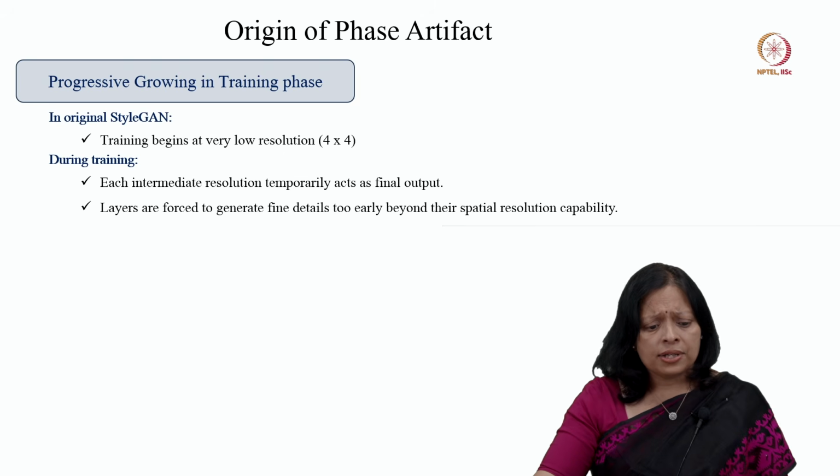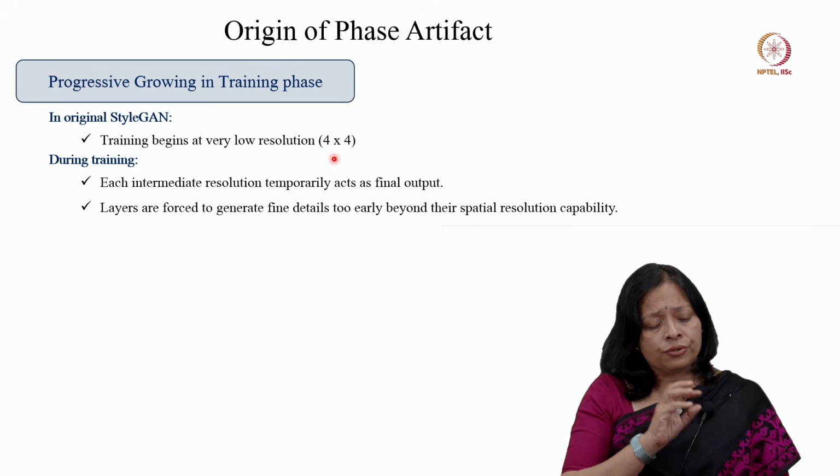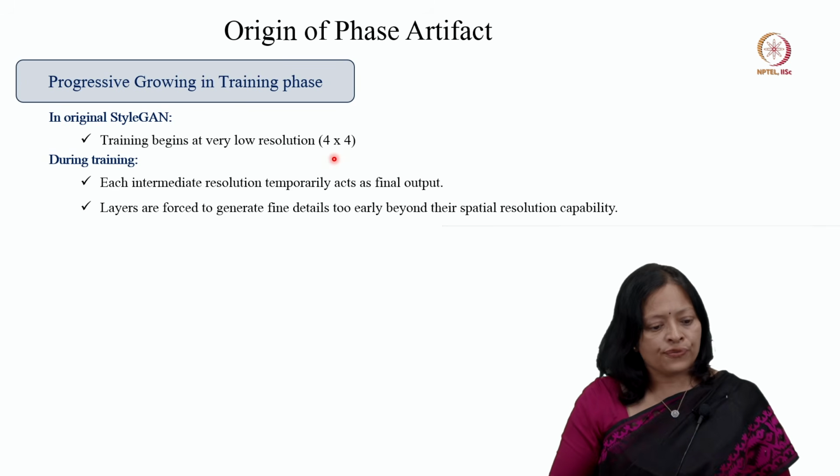Now, what happens is during the training, in original StyleGAN, training begins at a very low resolution, which is 4x4.